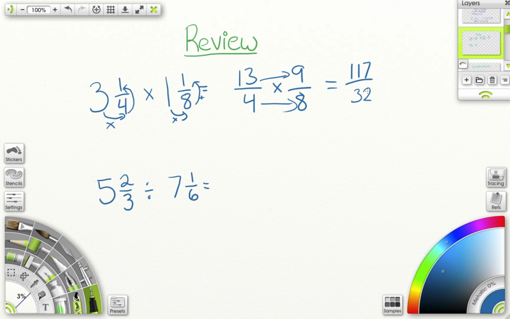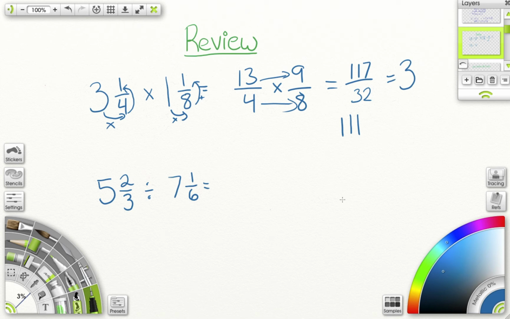So I count how many times can I fit 32 into 117. I know it can fit in at least once. I know it can fit in twice because that'll give me 64. 64 plus 32 gives me 96, so I know it can fit in 3 times. And it can't fit in a fourth time because the next one is 128. So I know it can fit in 3 whole times.